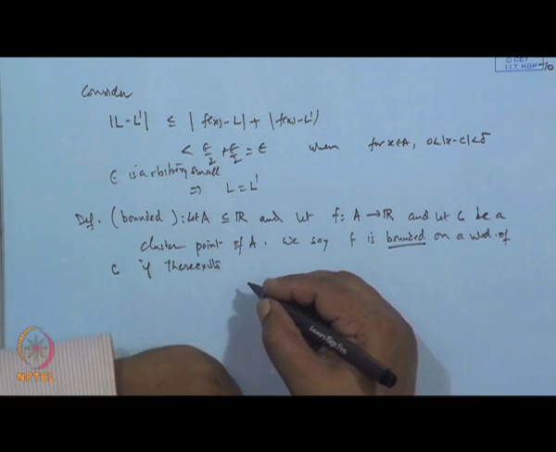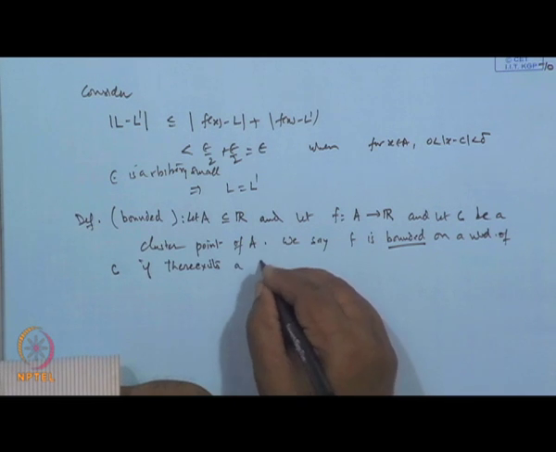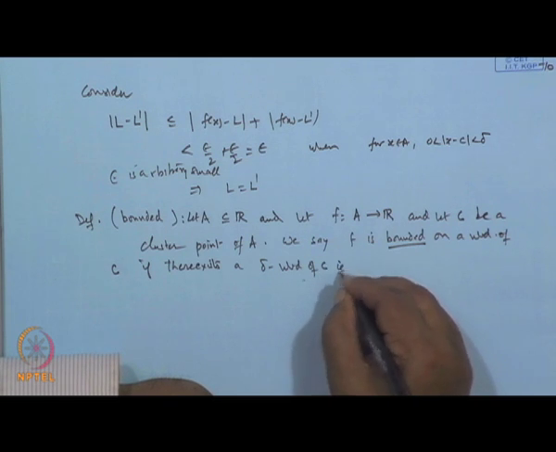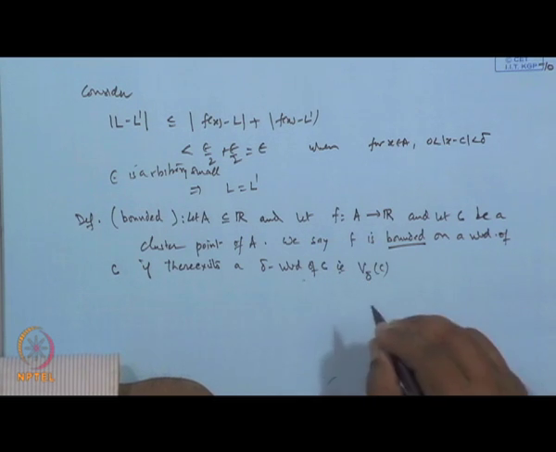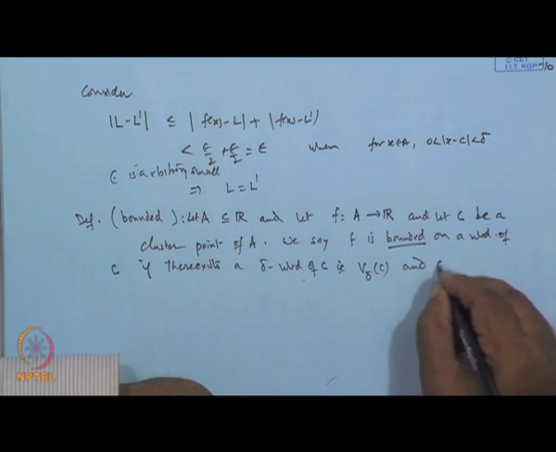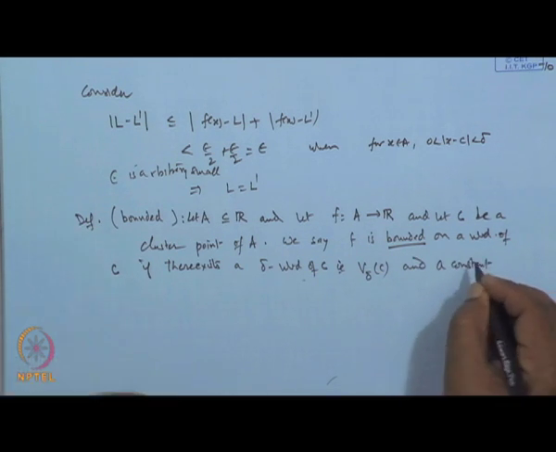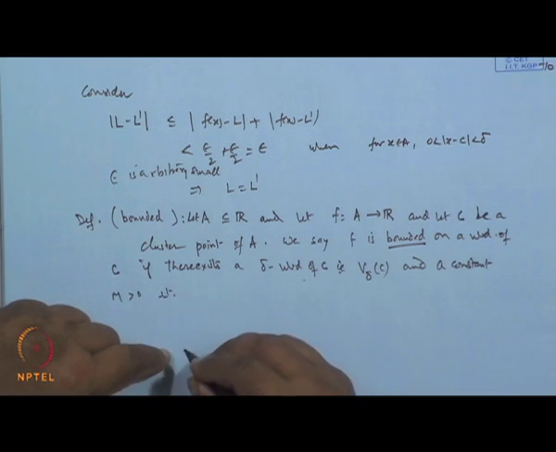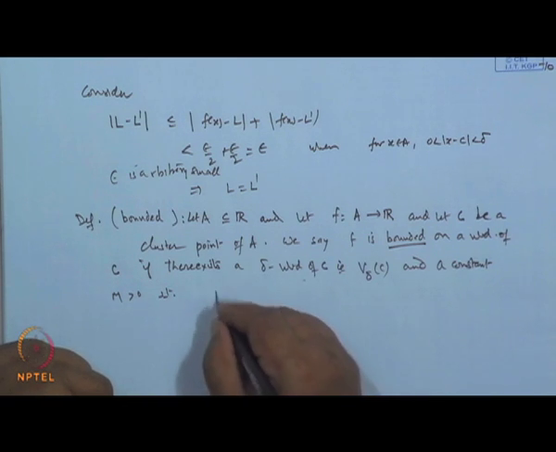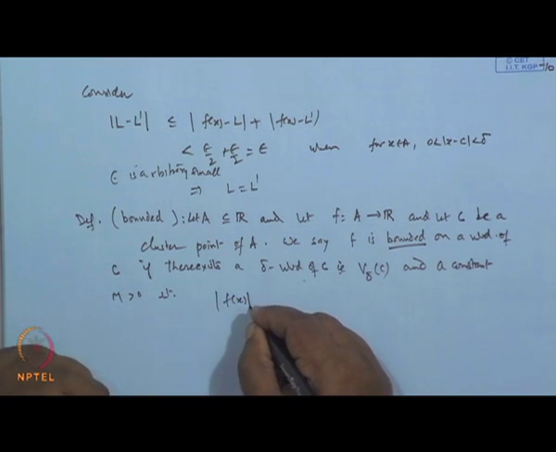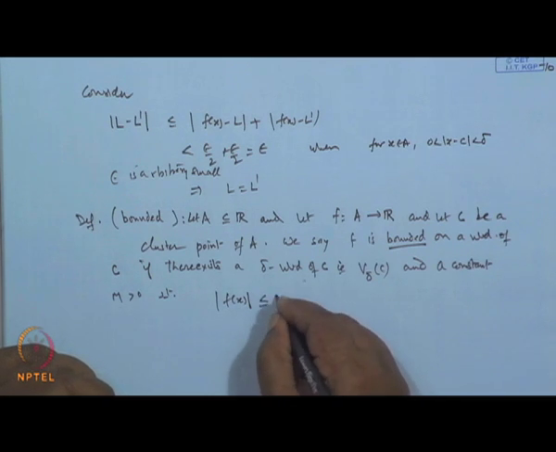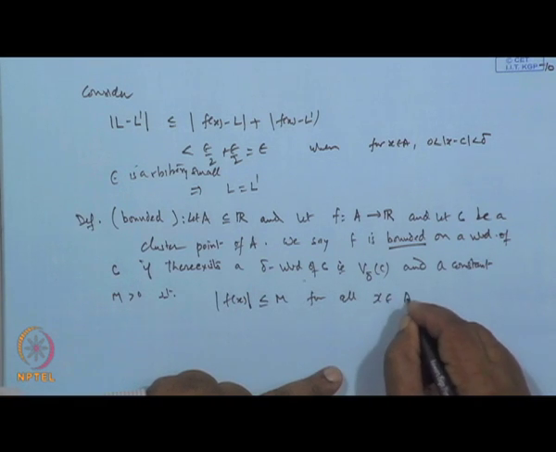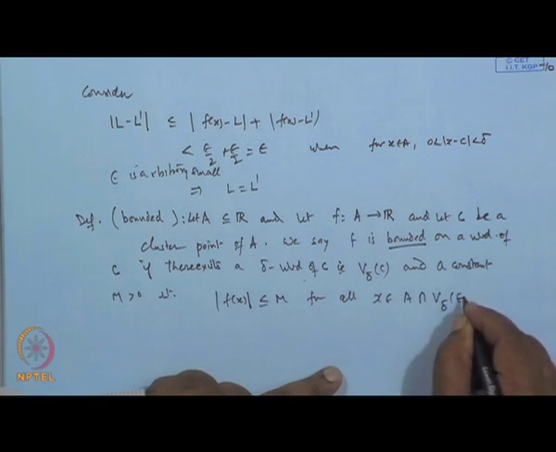a delta neighborhood of c, that is V delta of c, and a constant M greater than 0, such that mod of f(x) is less than or equal to M for all x belonging to A intersection V delta of c.